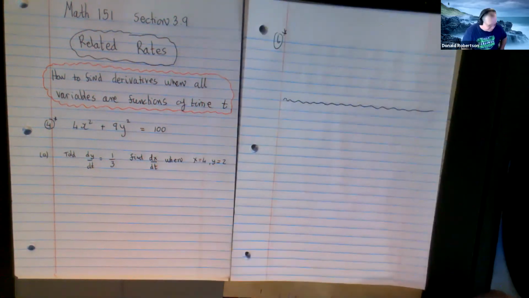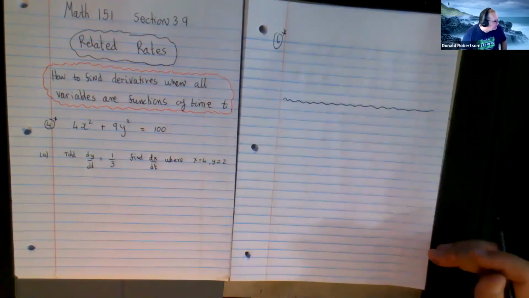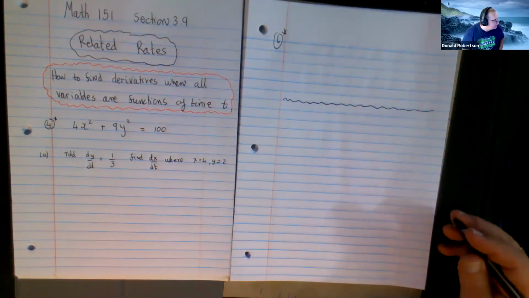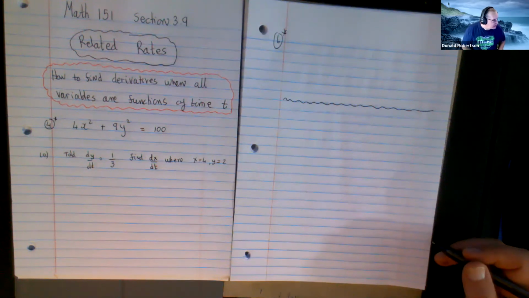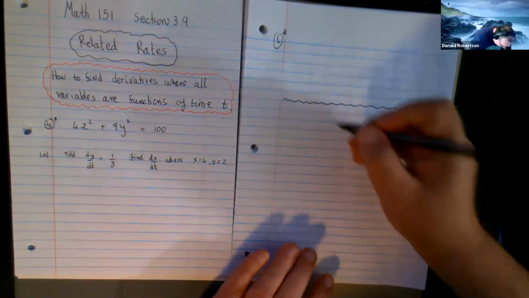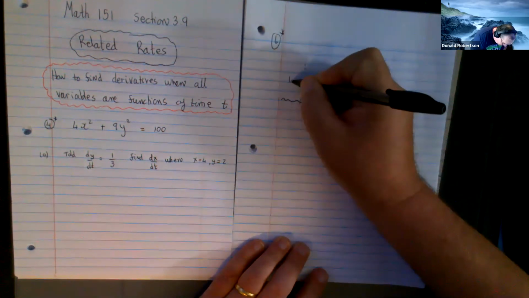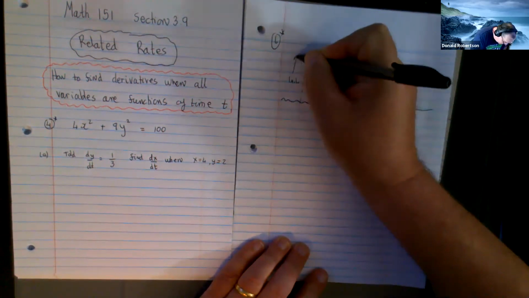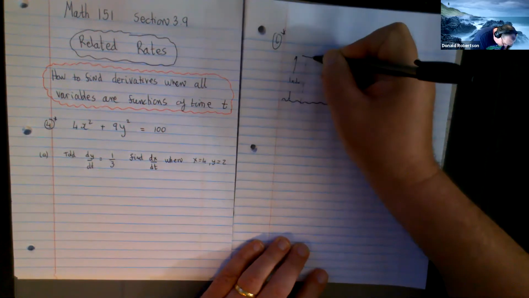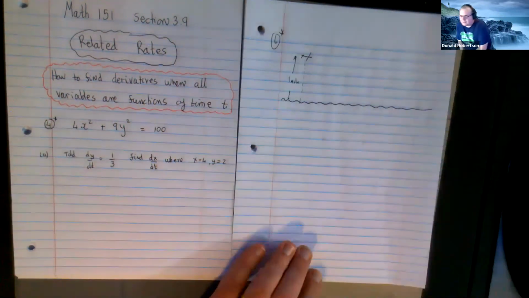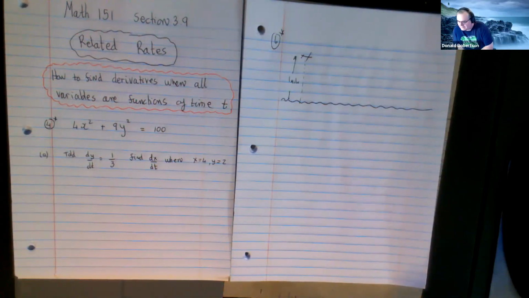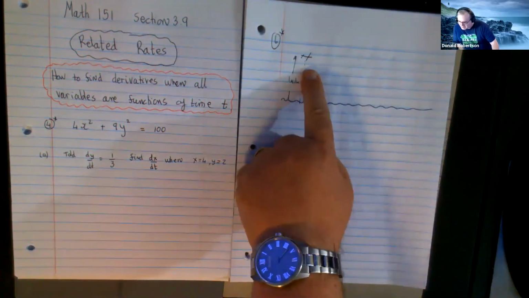So that's the ground. There is a plane flying horizontally at an altitude of 1 mile. So, little dotted line, 1 mile. There's my aircraft. Am I an artist or what? Yeah, that looks like an aircraft.